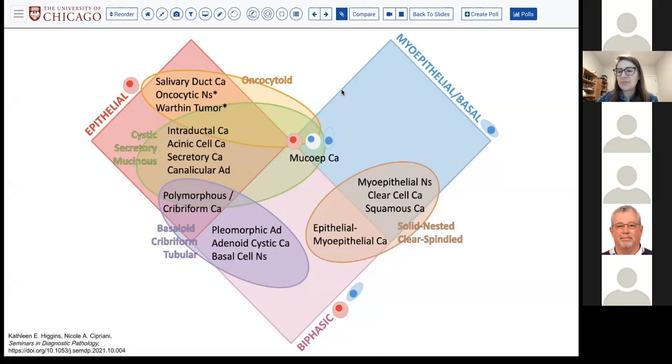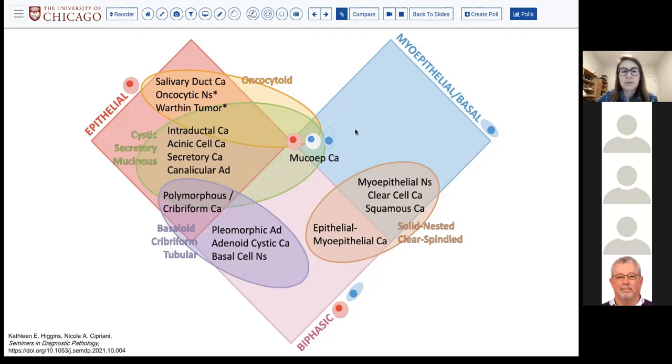I have a link to the paper later on in the lecture, but essentially, if you think about these morphologic pattern groups, epithelial, biphasic, purely myoepithelial, oncocytic or oncocytoid, secretory, basaloid, solid, you can pretty much cluster tumors in these categories, and using immunohistochemistry to determine whether something is of so-called biphasic phenotype, or whether it's monomorphic, can really narrow your differential and push you into one box or another.